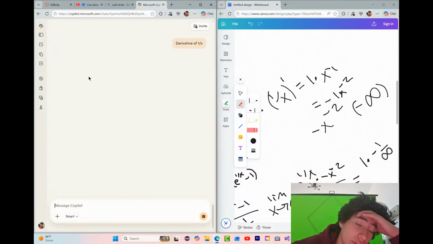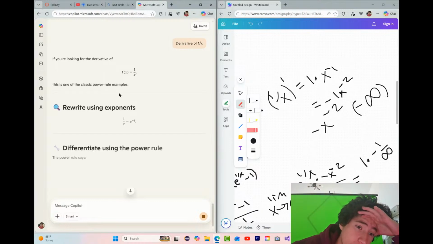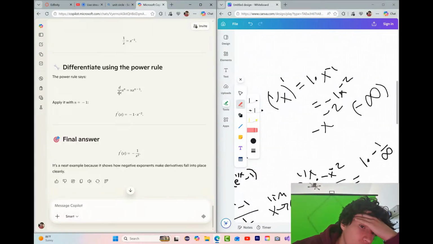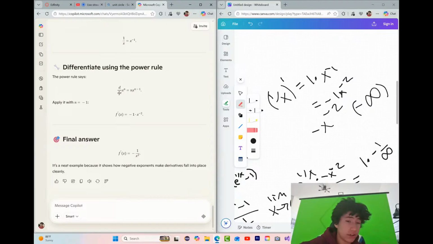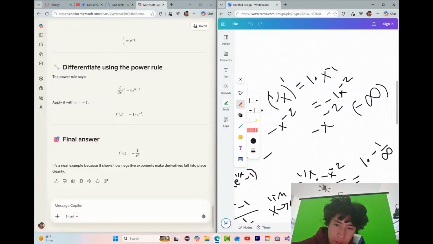I just don't want to get anything wrong, I'm just checking everything here. To the power of negative 1. Yeah, negative 1 times x squared. We have negative 1, or negative x, and that's the same thing as negative 1 over 2? No. Okay, let's take out the negative: negative 1 over x squared. There you go.